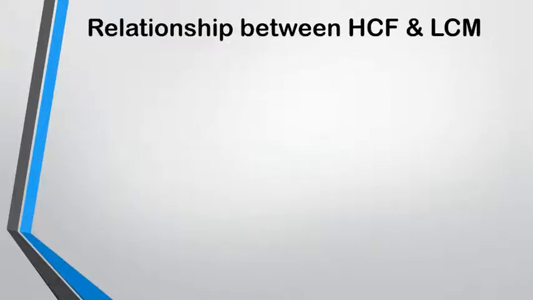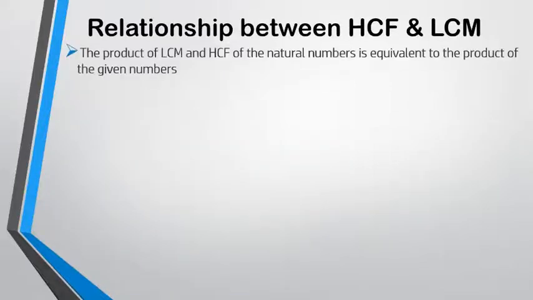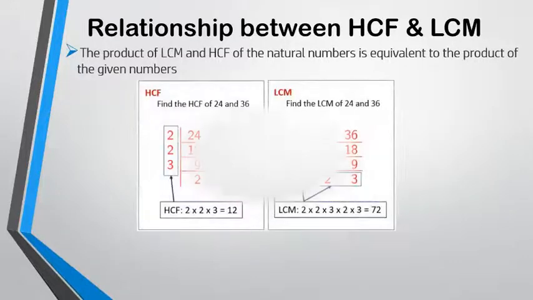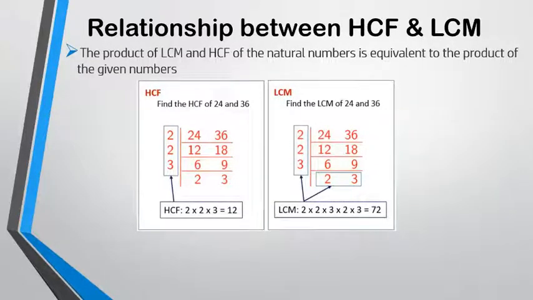What is the relationship between HCF and LCM? The product of the LCM and HCF of natural numbers is equal to the product of the given numbers. If we want to find the HCF of 24 and 36, we will use the prime factorization method. On the left, you can see the prime factors.